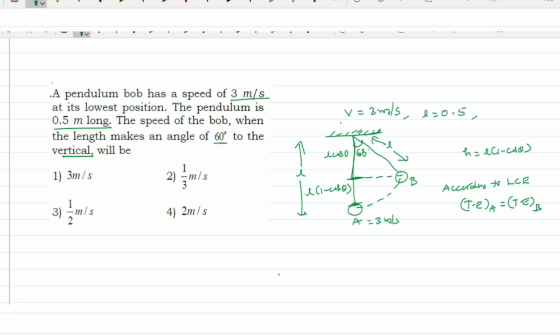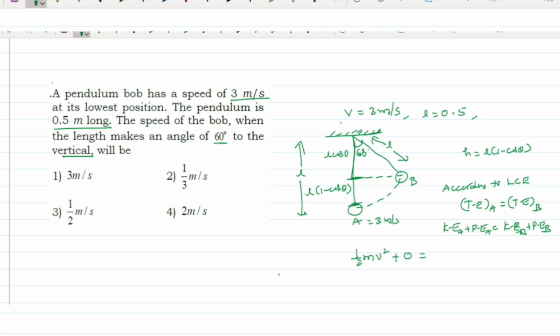At the point A, at the equilibrium position, you will have only kinetic energy. So kinetic energy at A plus potential energy at A will be equal to kinetic energy at B plus potential energy at B. At the point A, kinetic energy will be half mv square plus potential energy value will be 0.